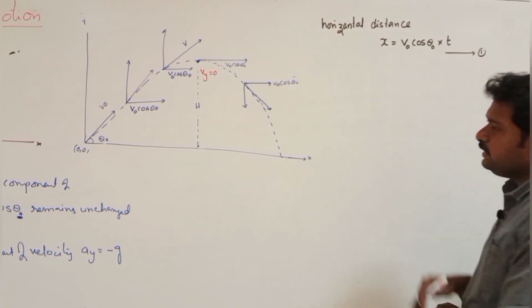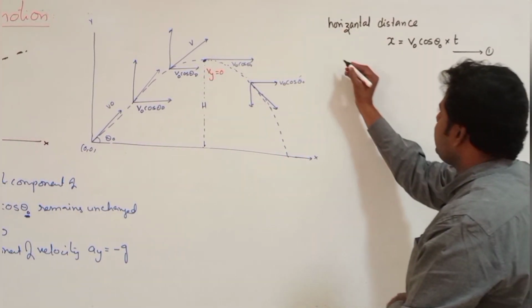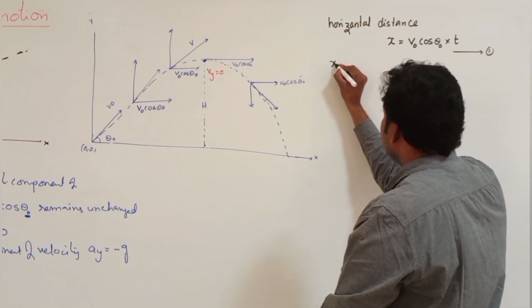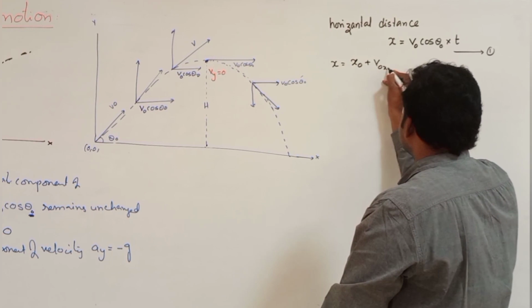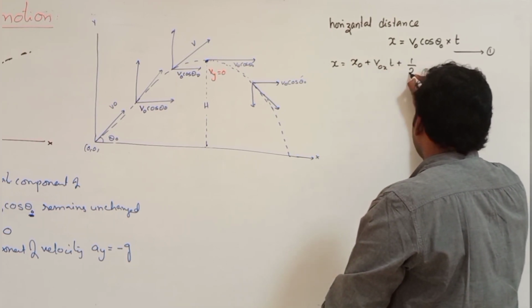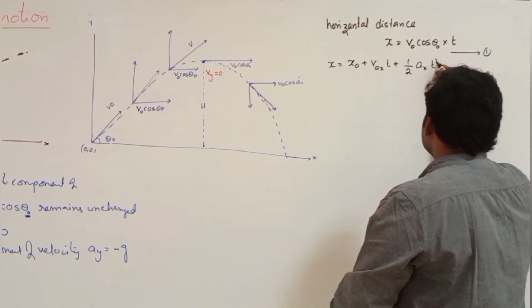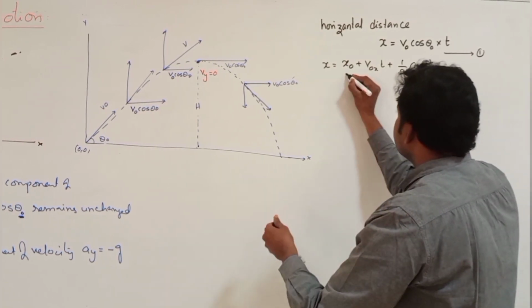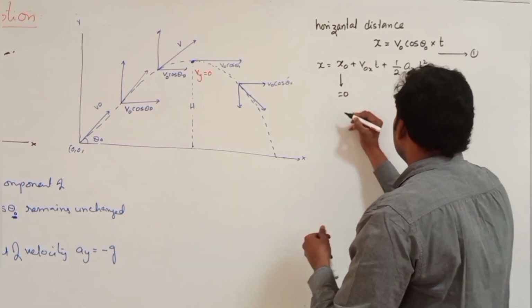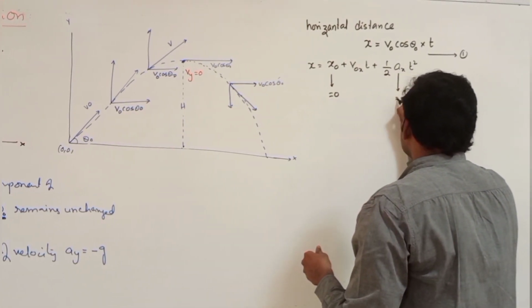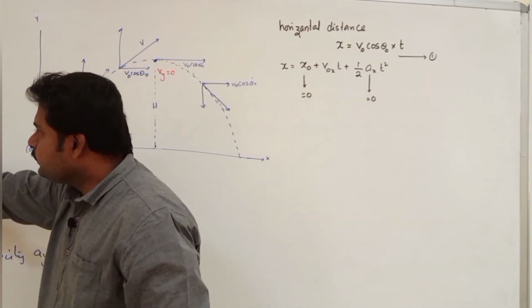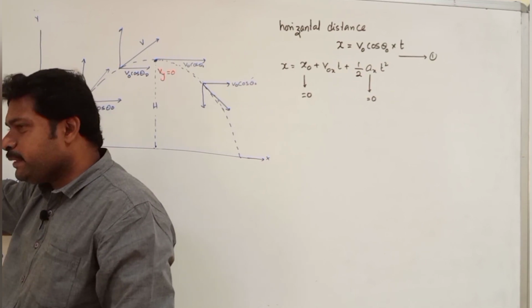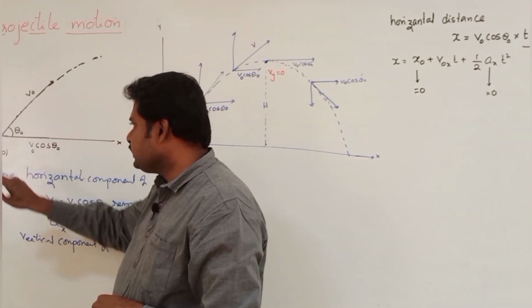How was this written? Generally, in the last class we had learned it: x is equal to x naught plus v naught x t plus half ax t square, and x naught is equal to 0 and ax is equal to 0, because x naught is the initial coordinate or the initial displacement at t equal to 0.